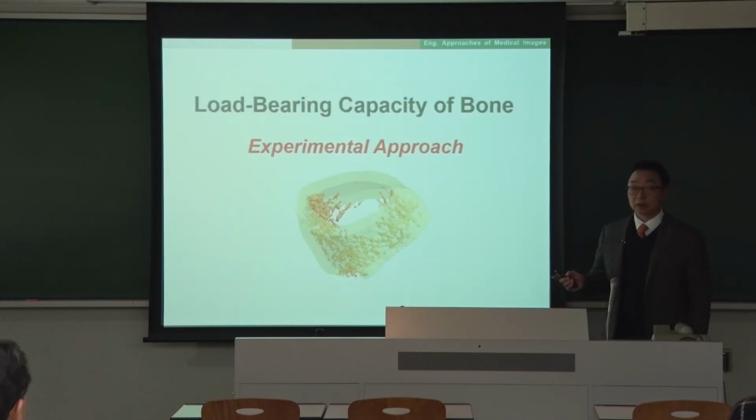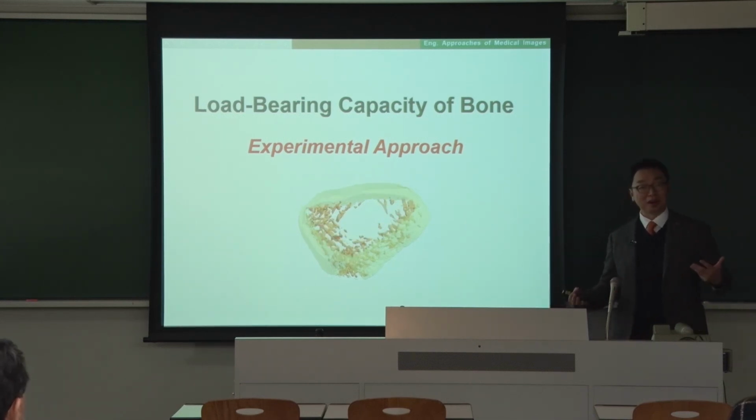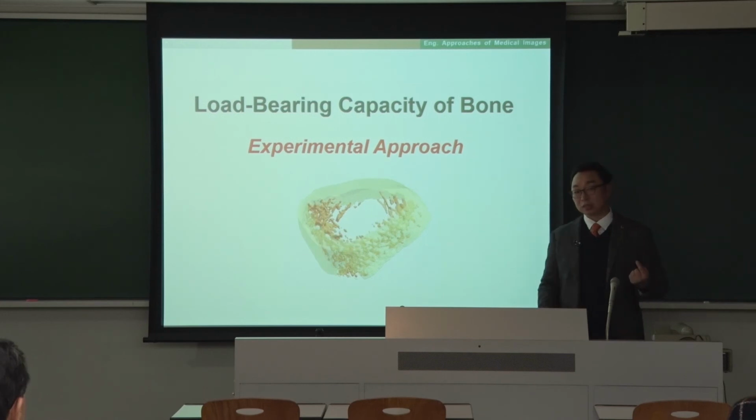So that's the first part of my presentation. The second one is actually quite short. Another thing is the experimental approaches. Now I've been complaining about and discussing the high risk of relying on bone mineral density only. Then what about experimentally?